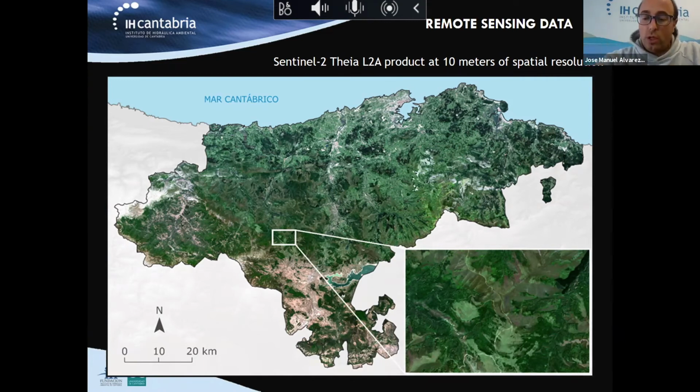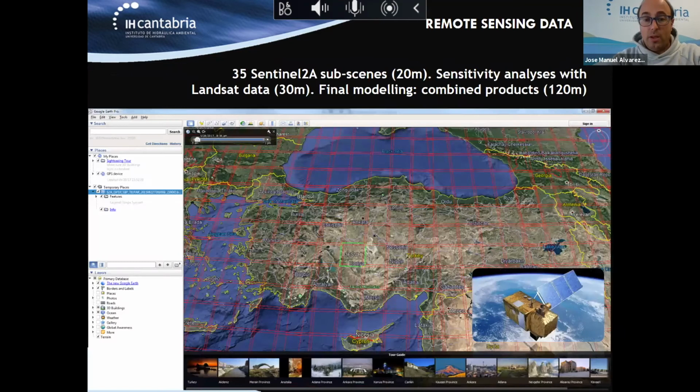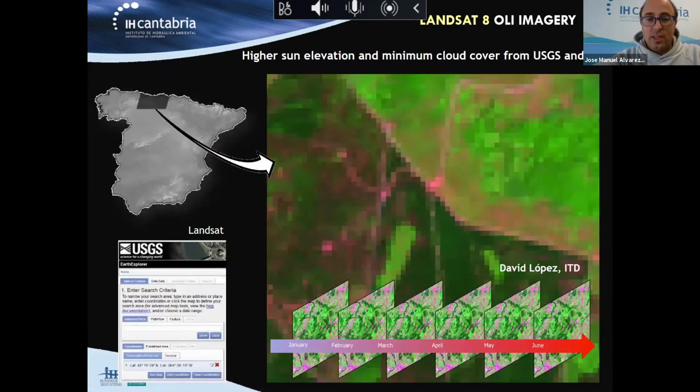So you have to put everything in common, in agreement. But when we had to do this in Turkey, we had 40 different images to put in common, terabytes of information. But it's good, because with Landsat you have time series.